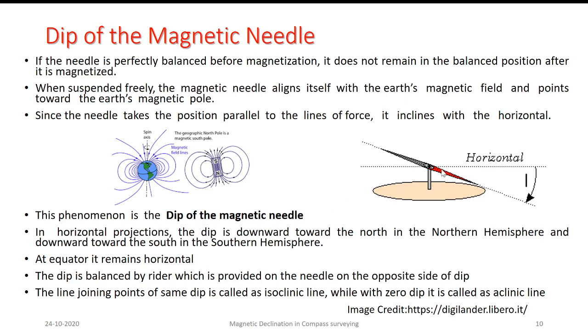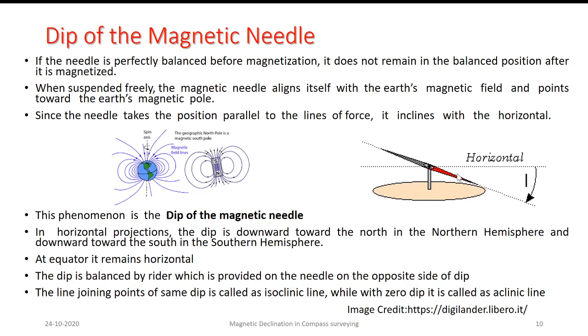Now, as we discussed previously, maintaining the needle in the horizontal plane is our prime requirement to determine the bearings. Hence, we provide a rider on the opposite side of the tip.